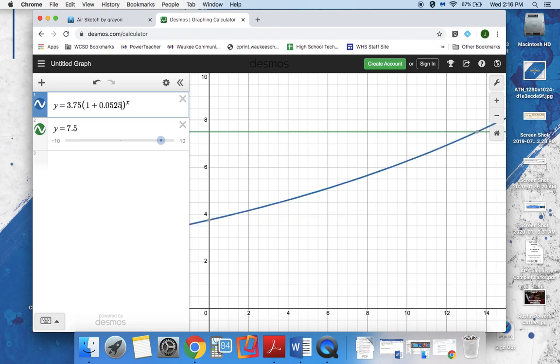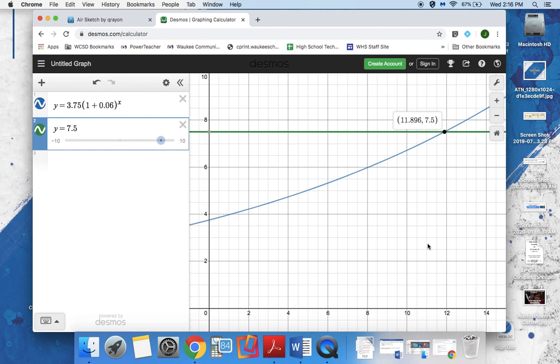And then I can just change all of this because it's a 6% rate. Okay, and now that I've got everything set up here, I can click on that point once again, and I notice that it's almost 12 years for the price to double when we're raising things at a rate of 6% per year.